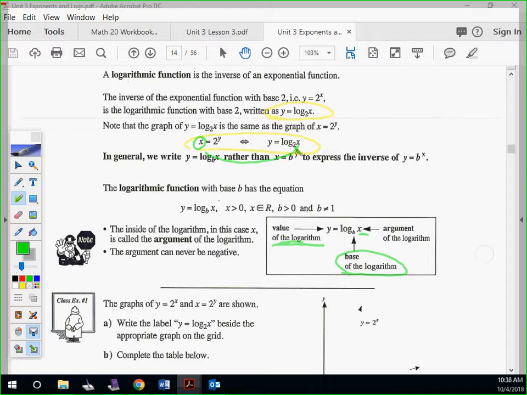I usually just think about this in my mind. I think about this as the exponent, and this as the equals. See how it's x equals 2 to the y? So then I know it's going to be exponent equals log base 2 of x.